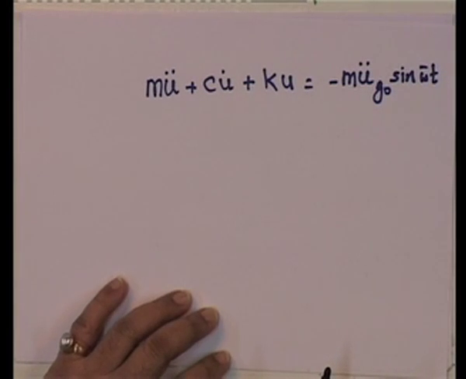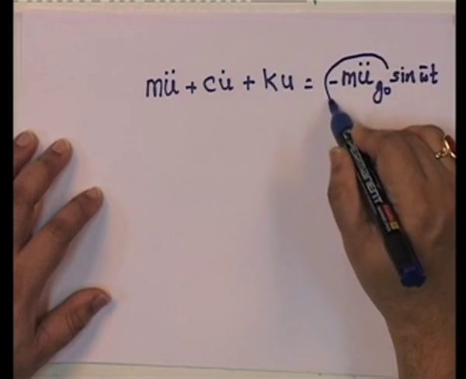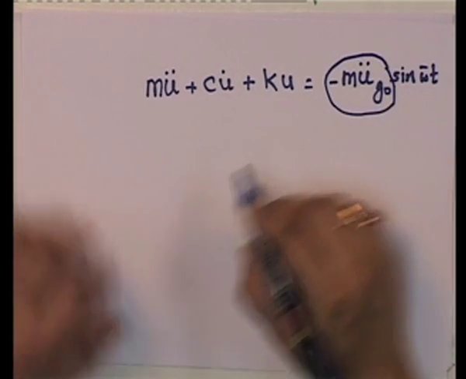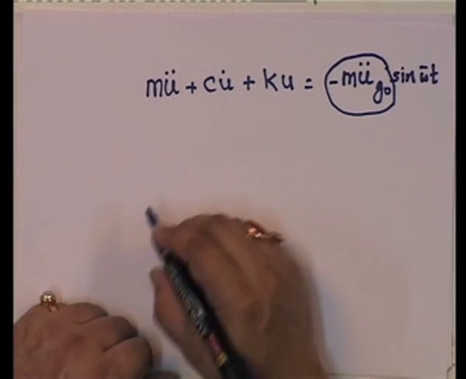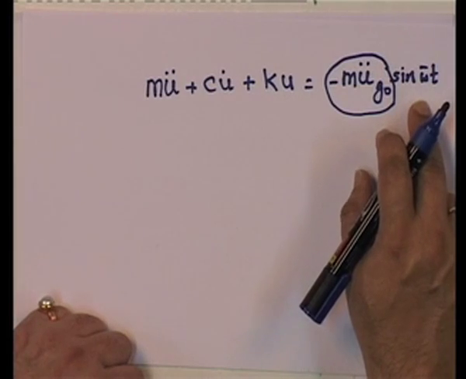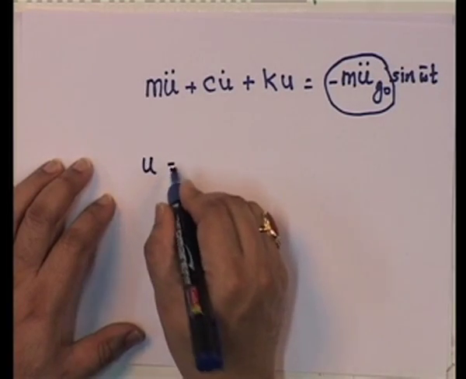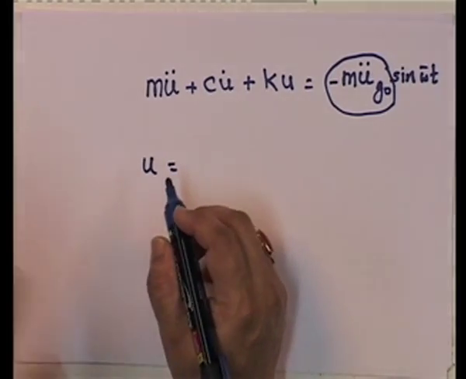So, now interestingly, what does this problem look like? This is the amplitude of the force, and this is a single degree of freedom system subjected to a harmonic motion. What is the response to it? We already know. Of course, only the steady state response. We are always looking at steady state response. Okay.